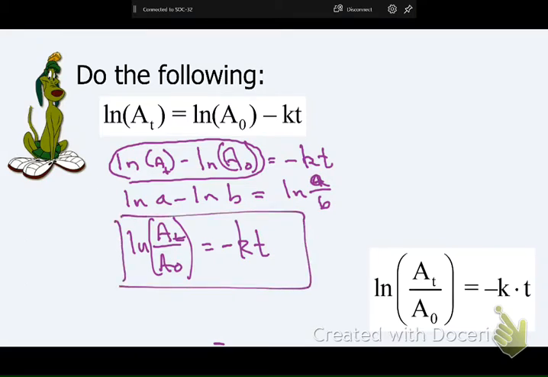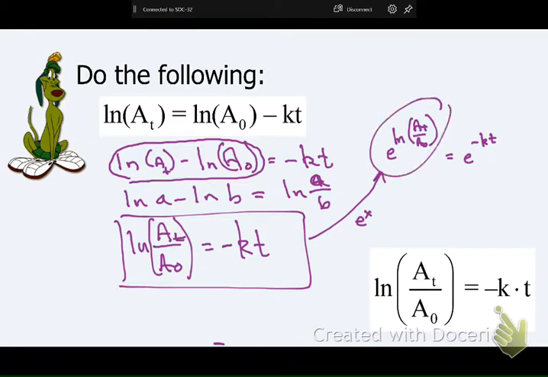The other one that's useful is to use the antilog function. So now we're going to take the antilog of both sides, okay? And so I'm going to get e to the ln of A_t over A_0 is equal to, remember, if you do the antilog to one side, you've got to do it to the other side, otherwise it's no longer an equation. Becomes e to the minus kt. What happens here?